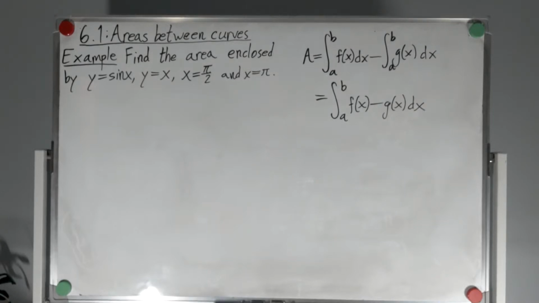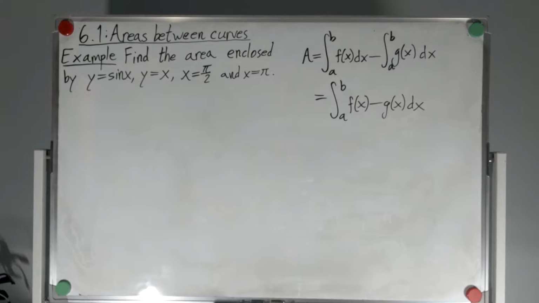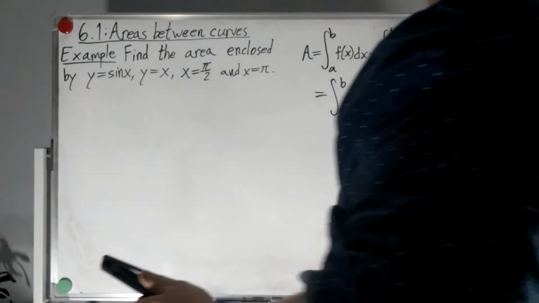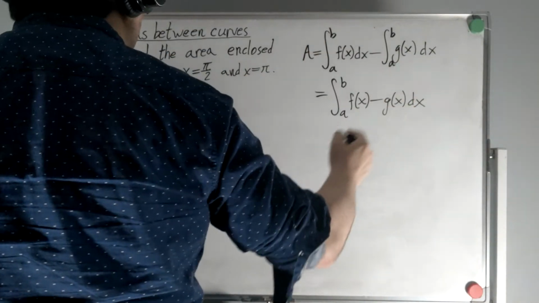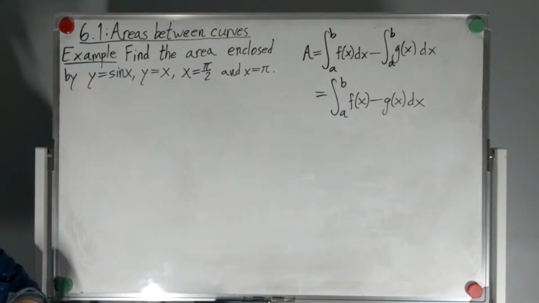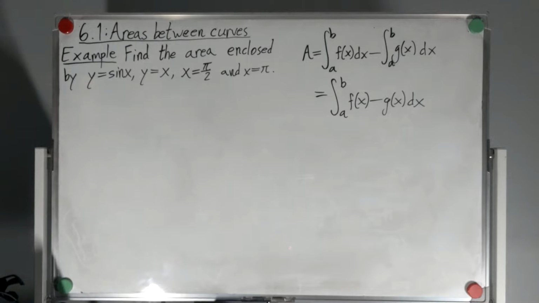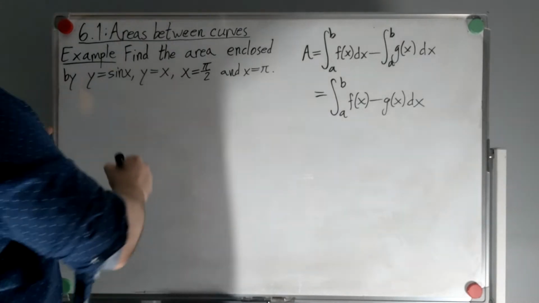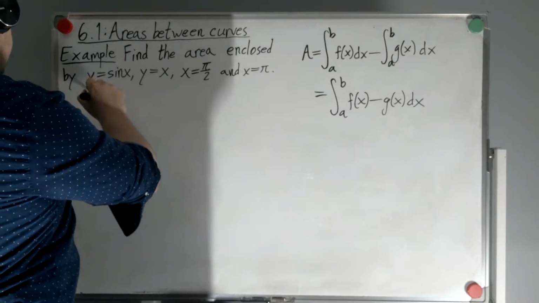Right then, so if you want to figure out that area, all we've got to do is, again, just take the upper curve minus the lower curve. The question is, which curve is on top? So for that reason, it's often helpful to draw a diagram of the situation.